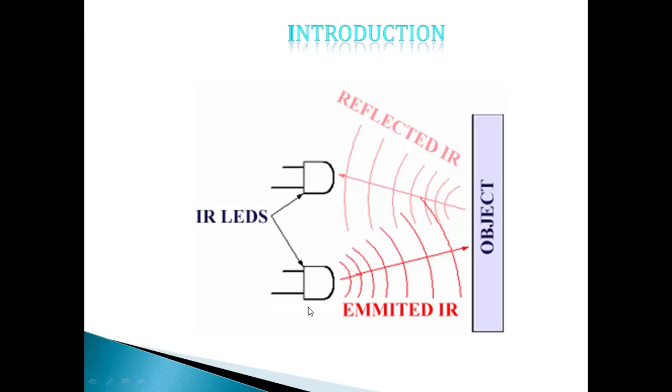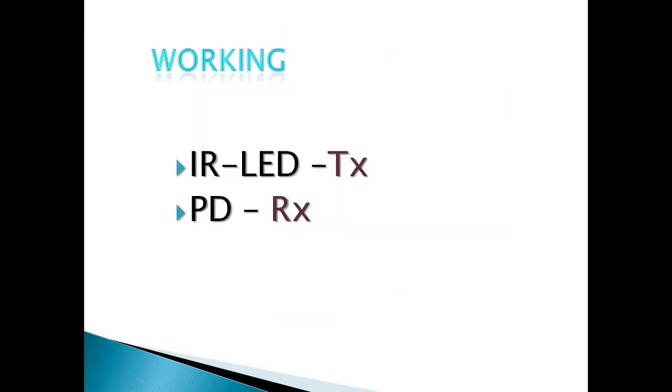The emitter IR generates IR radiation, which collides with objects or any obstacle and is reflected back, and is received by the reflector IR. So the two different LEDs, as we discussed, are the IR LED, which is also called the transmitter, and the second, the photodiode, which is called the receiver.